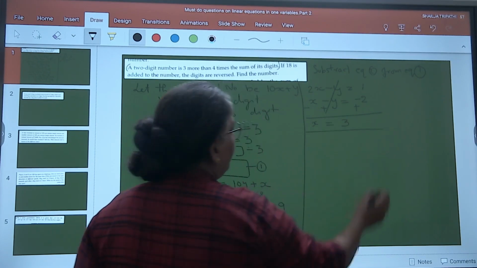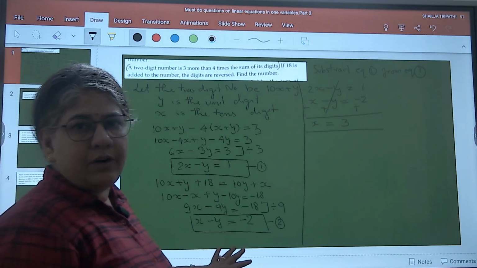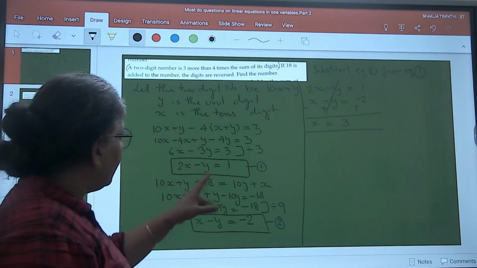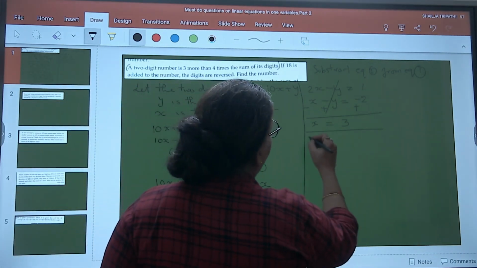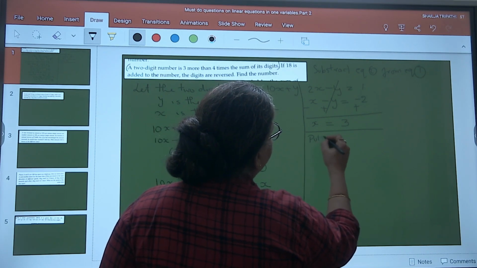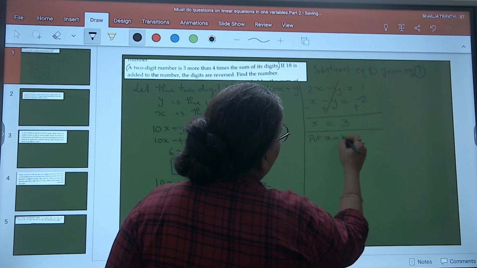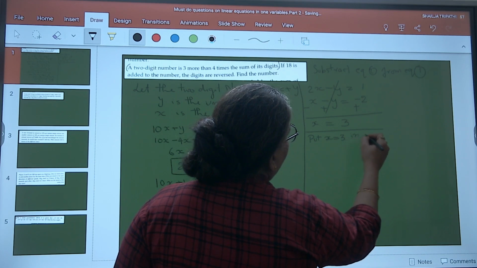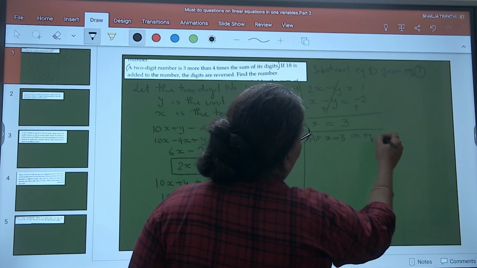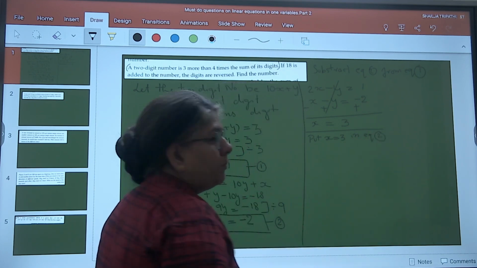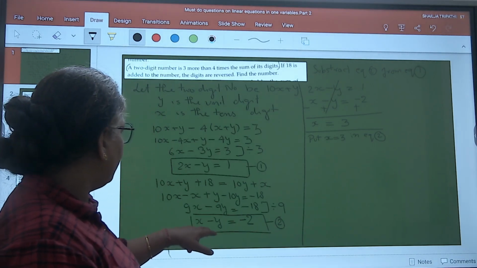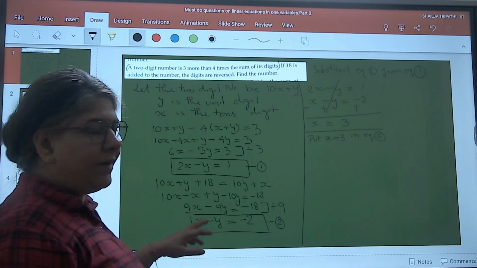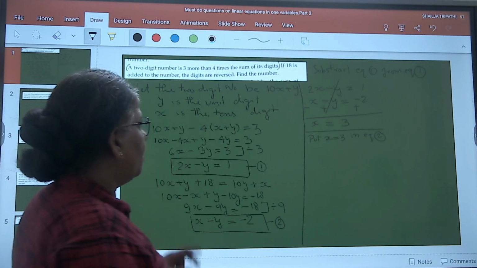Now put the value of x in either equation 1 or 2. So put x is equal to 3 in equation 2. Whichever equation is simple, you put the value in. Equation 2 is comparatively simpler than equation 1.